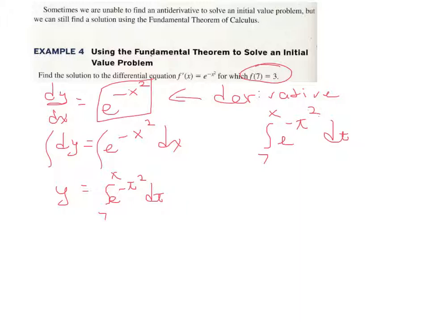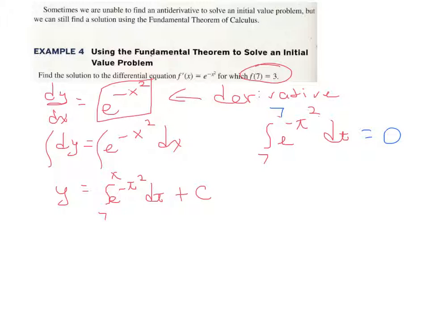Okay, now what I need though is I need for this function to equal 3 when x is 7. And so this is our plus c, and I need to know what that c is going to be. Well, if you remember, one of our properties of integrals says that when the limits are the same, then that is going to equal 0.